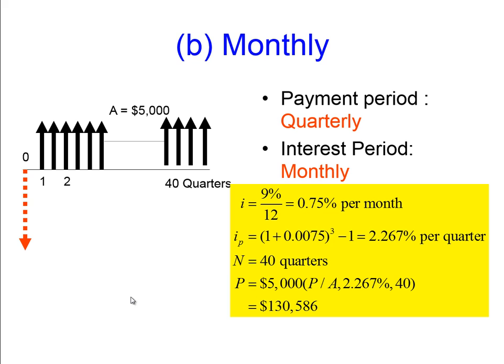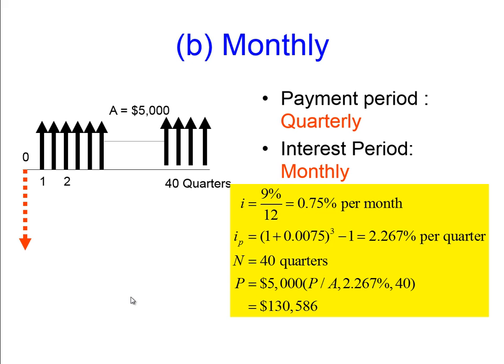And that will equal 2.267% per quarter. Again, the number n here did not change because I have 4 quarters per year and I have 10 years, so I have n equal to 40 quarters or 40 payment periods.